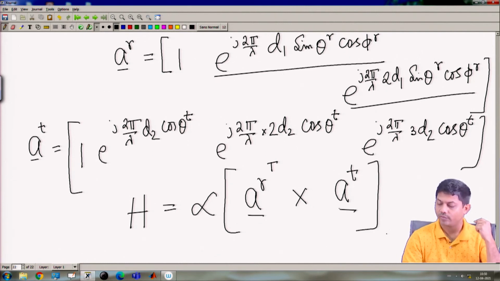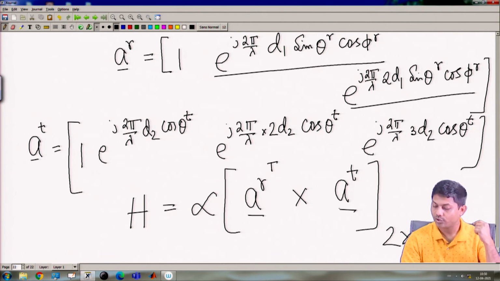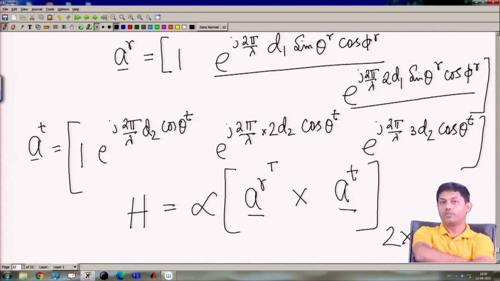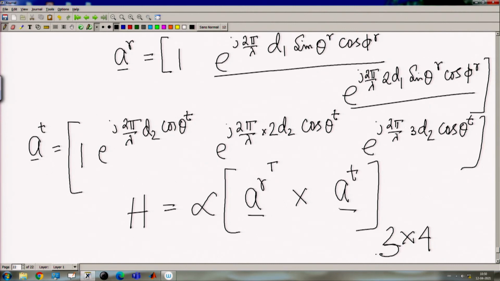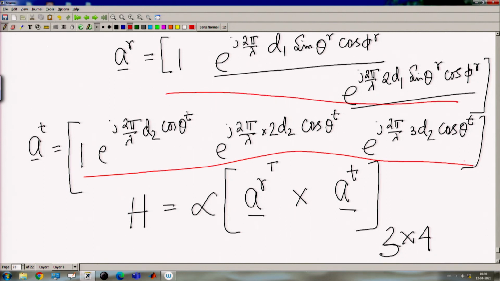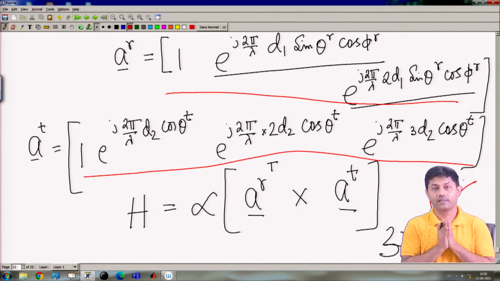It will be a 3 cross 4 matrix that will come. So, this is one vector, this is a second vector, multiplied, whatever comes into the picture, 3 cross 4, you can get some matrix there. That is precisely my channel.